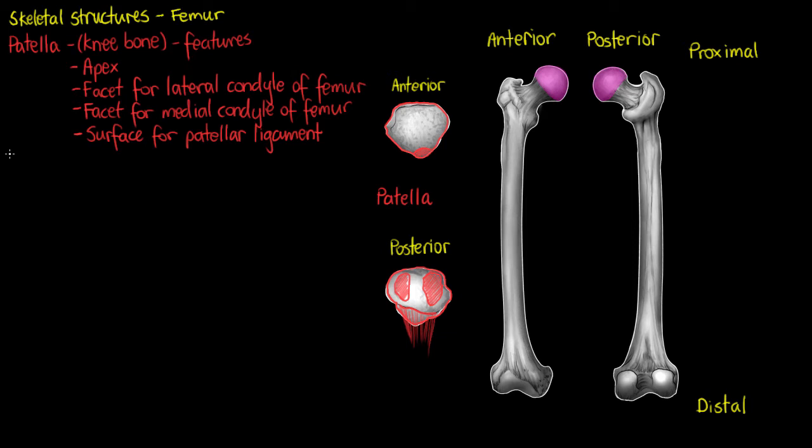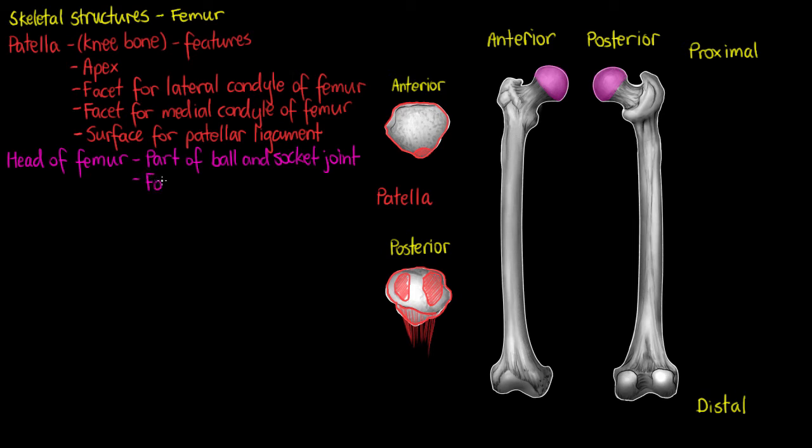And starting at the top, the first thing we can see is the head. The head of the femur has a unique shape, and yep, you guessed it, like our humerus, it forms part of a ball and socket joint, and it's going to interact with our pelvis. So it's part of a ball and socket joint, and as part of the femoral head, we're also going to have a small depression within it.